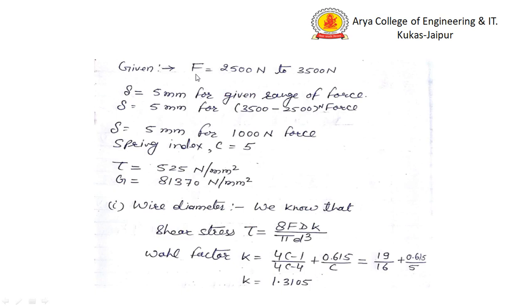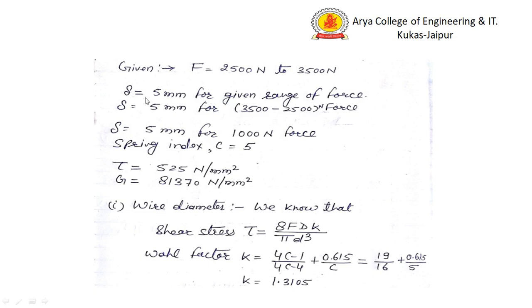Here the force varies from 2.5 kilonewton to 3.5 kilonewton. It is equal to 2500 Newton to 3500 Newton. Here the deflection is 5 mm. It is given for the given range of the force.